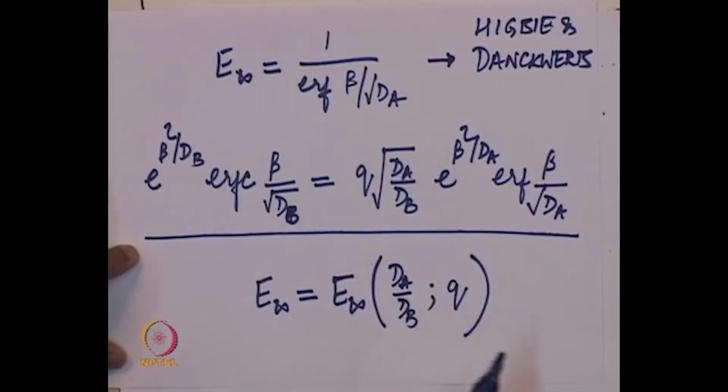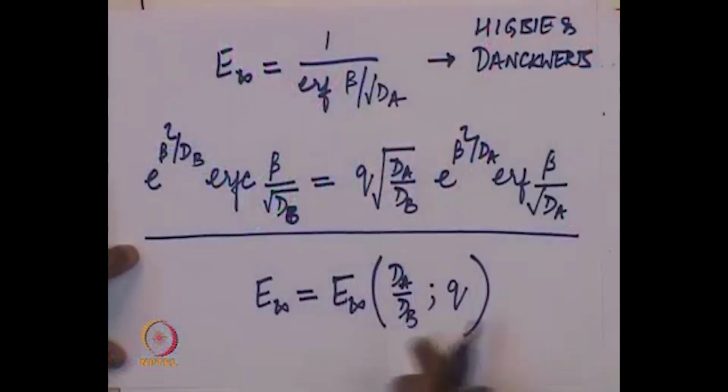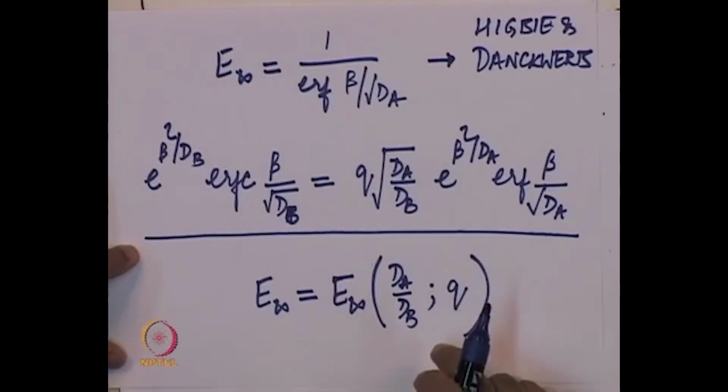We have said that often this ratio is not very far from unity. The ratio of the diffusivity of A with respect to the diffusivity of B is a number something like 1 in many cases, and in those situations the E infinity becomes a function of q alone in the ambit of surface renewal theories, as it does in the case of the film theory.